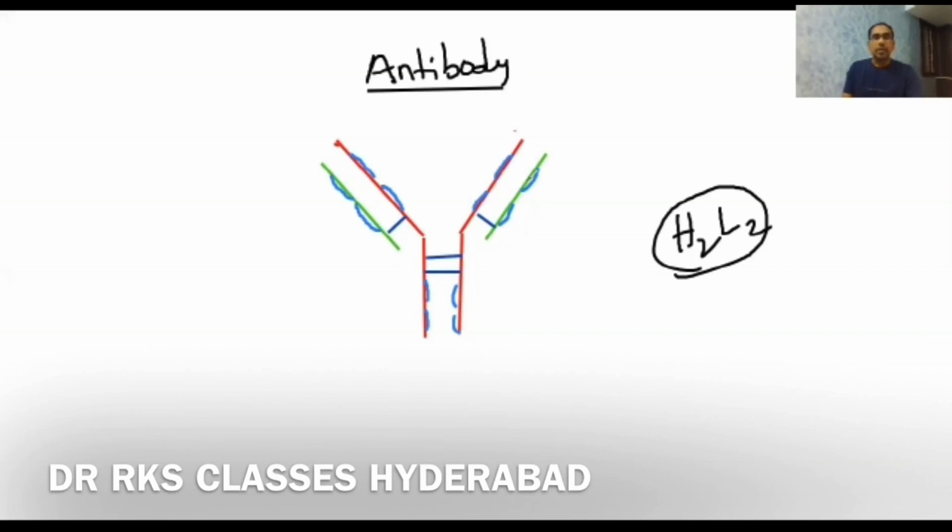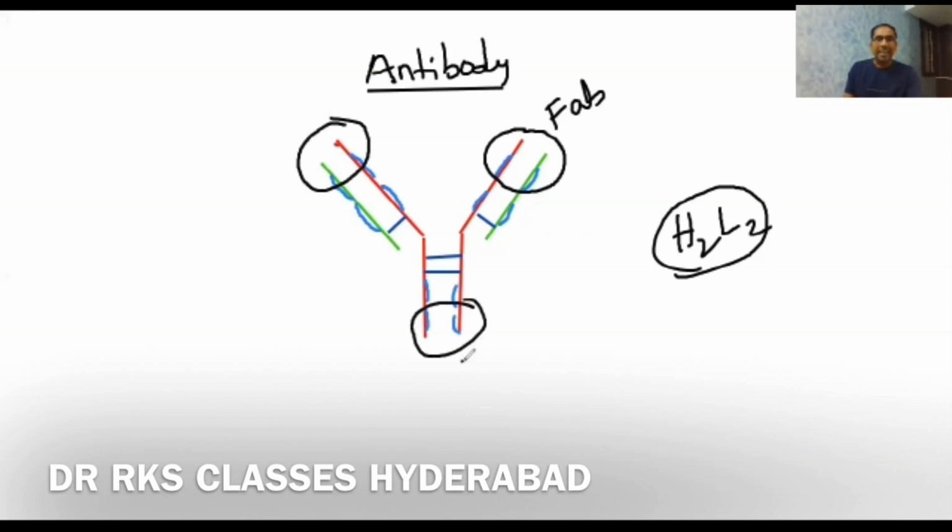The terminal parts of heavy and light chains together are considered as the FAB site or antigen binding site. This is the FAB site. The last part of the stem region is called the FC site, fragment crystallizable site. This part is also called the paratope, the antigen binding site.